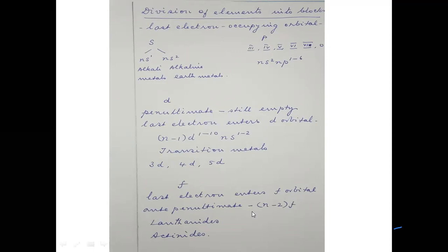That is why the f block is found between the s block and the d block, which is also named inner transition metals. So it is between the alkaline earth metals and the transition metals. Therefore, they are called inner transition metals. This is how the elements in the periodic table are divided into several blocks.